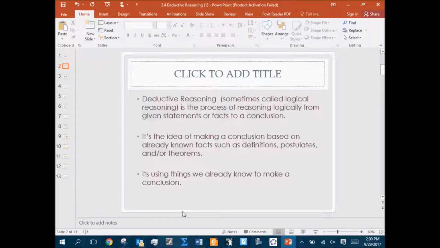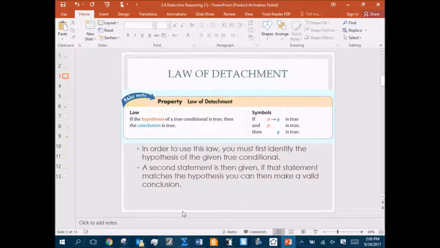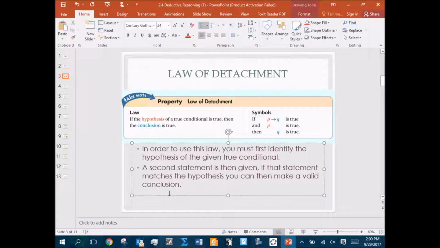That's deductive reasoning, and we start deductive reasoning by talking about two concepts. If I were to give you a statement first, then we'll talk about this law and see if it makes sense on what this law is saying.